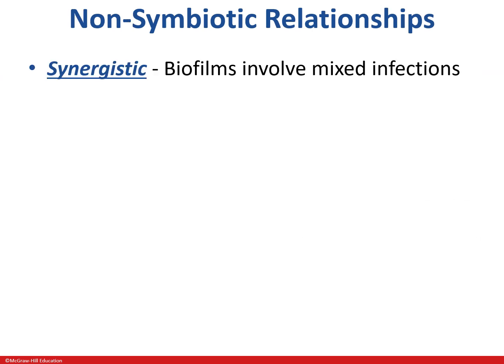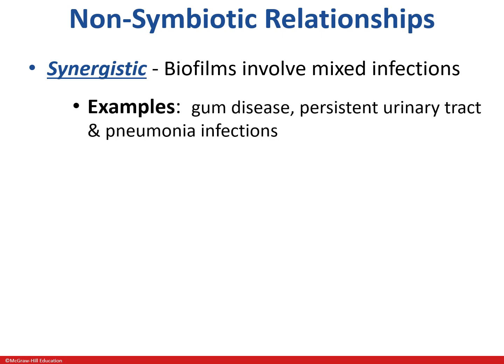Now, not all organisms are symbiotic, but they sometimes have an effect on each other. So if it is a synergistic relationship, very oftentimes this is where biofilms come into play. So biofilms very oftentimes involve mixed infections. There are a lot of different species present. They may or may not influence each other, but if they do, we're looking at situations, especially in the human body, things like gum disease, right?